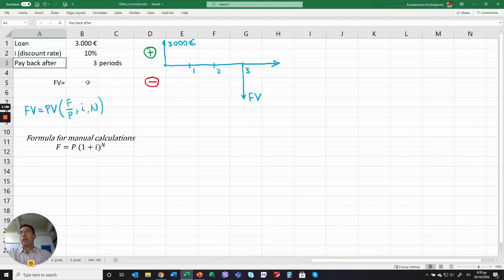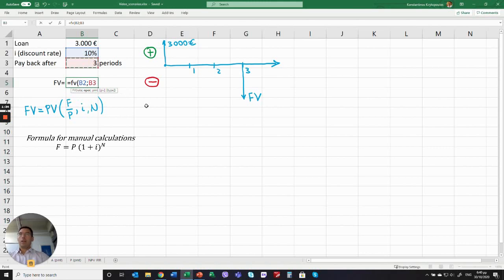So the equivalent value for the future value in Excel, the syntax is like that, so equals future value. You need to give the rate, which is 10%, then the next value is going to be the number of periods, which is 3.